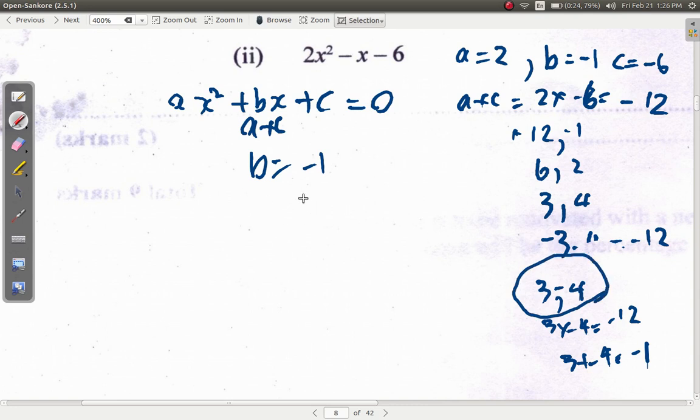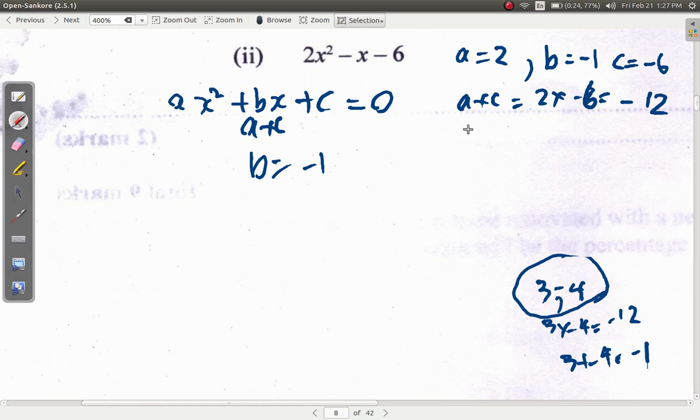So now that we know this 3 and negative 4 will work, if you already know how to do this question, you could have done it already, but this is just a matter of explaining exactly what's happening here. Some people can do it within 20 seconds, but it's a matter of explaining how to do it.